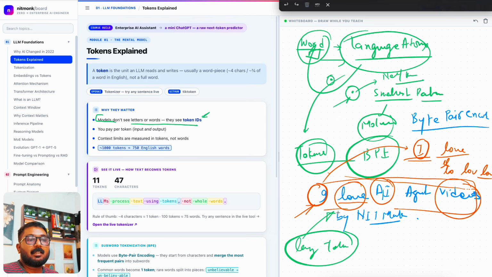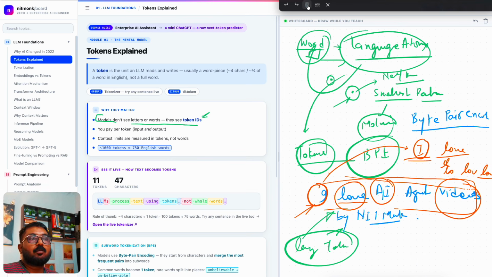Once we understand these tokens, we try to store them somewhere, let's say in an array, and that array is positioned with indexes, and those indexes are like token IDs.